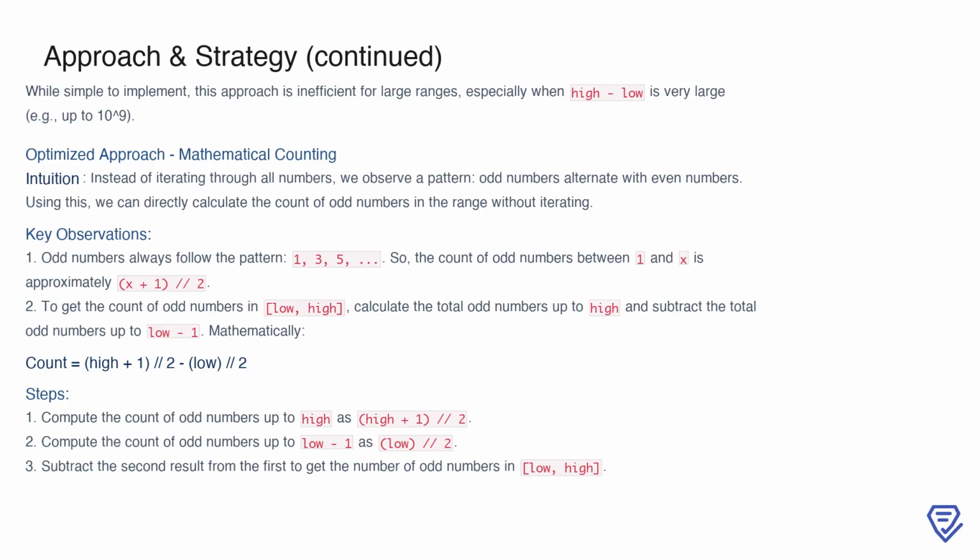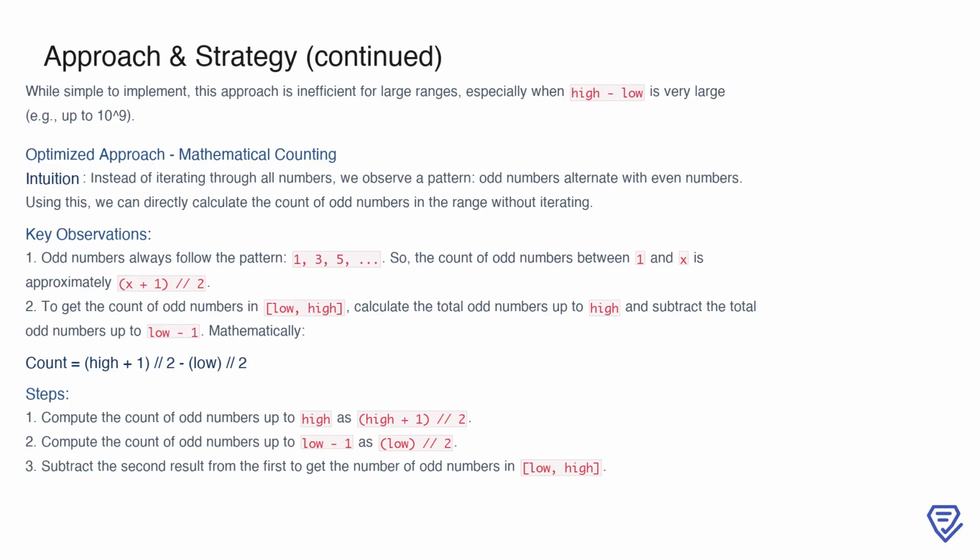To address this, we turn to an optimized approach that leverages a mathematical observation about odd numbers. Odd numbers follow a predictable pattern, they alternate with even numbers, so we don't need to iterate through each number in the range. Instead, we can calculate the count of odd numbers directly. Here's the key insight: the count of odd numbers from 1 to any number x is given by the formula (x + 1) / 2.